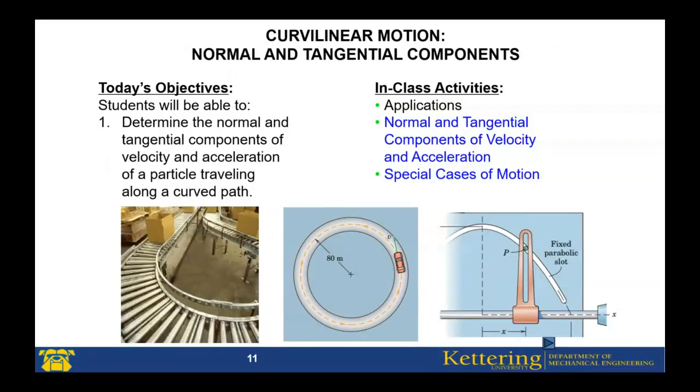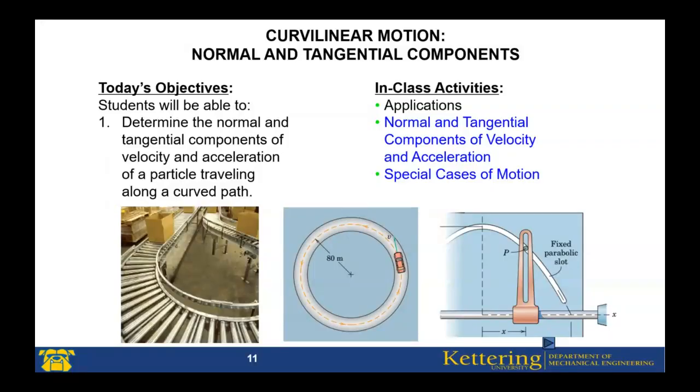This part of the lecture is about the same curvilinear motion, but in different coordinate systems. The coordinate system selected for the first one is the X, Y, Z coordinate system, and we found velocity and acceleration along the X, Y, and Z directions.